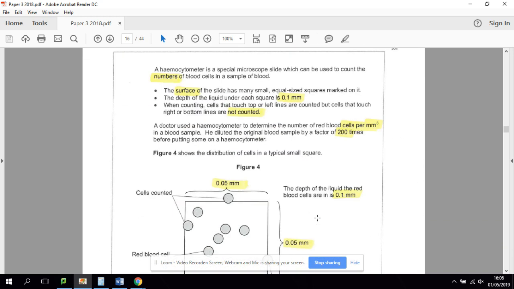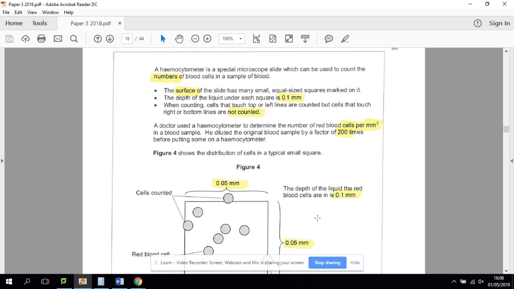So we've got another long question with an experiment. We've got a special microscope slide which can be used to count the number of blood cells, and they're giving you lots of information. The surface of the slide has many small equal-sized squares. The depth of the liquid is important because you can work out the volume using the depth.